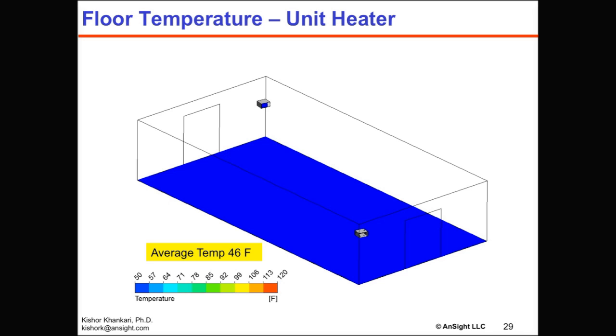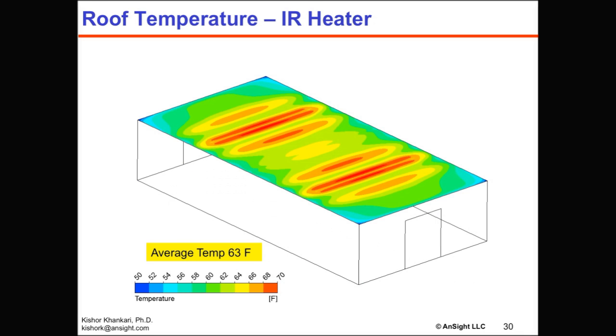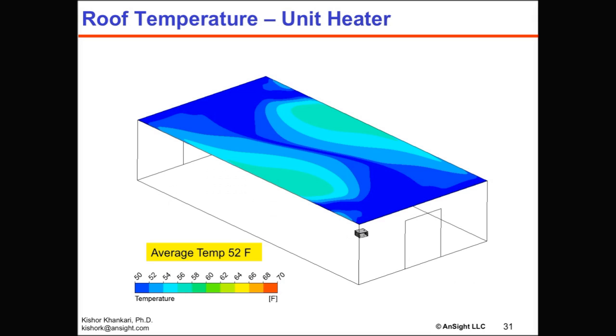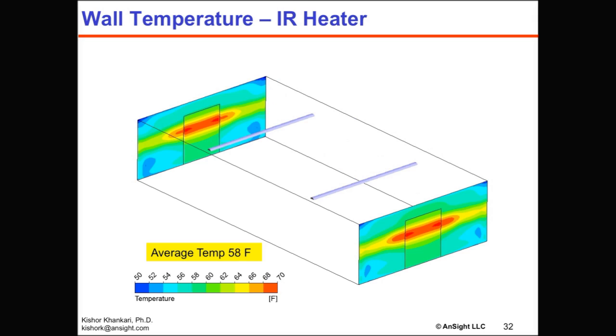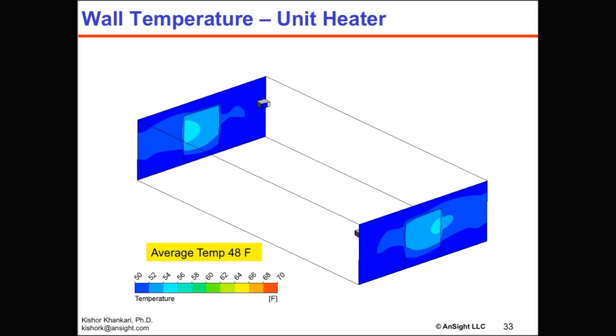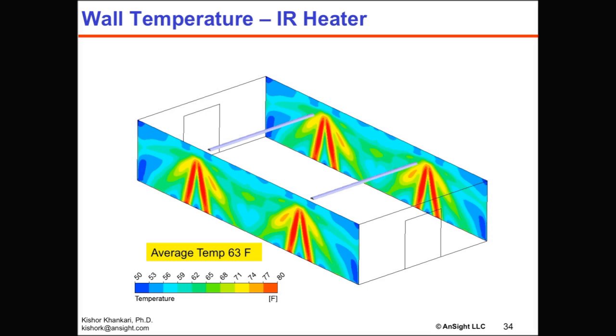Remember, blue color is cold. The roof temperature is 63 with the IR heater, 52 with the unit heaters. Sidewall temperatures average 58, versus about 48 with the unit heaters, and the other walls you can see 63.